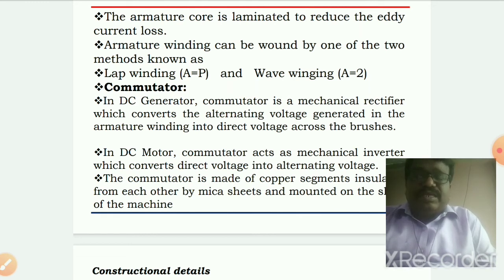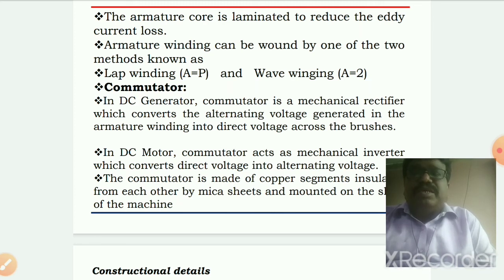The commutator works as a rectifier. That's why it is named a mechanical rectifier, which converts alternating generated voltage into direct voltage across the brushes.